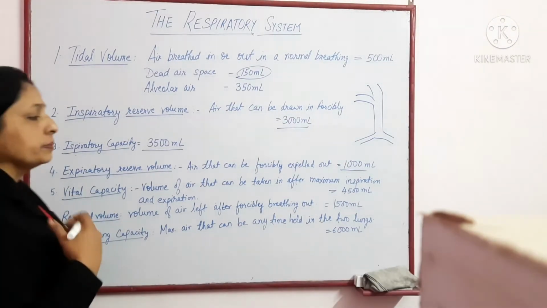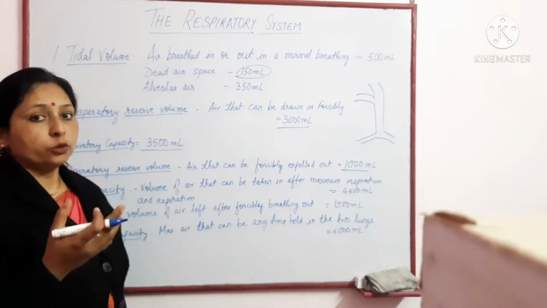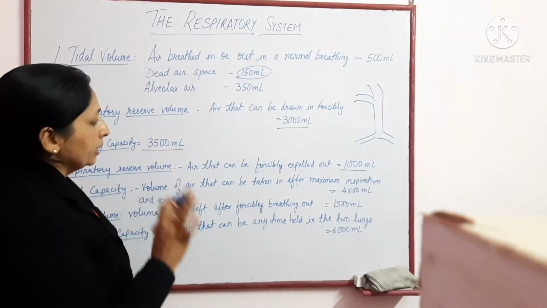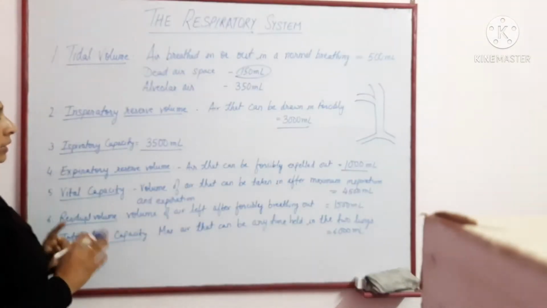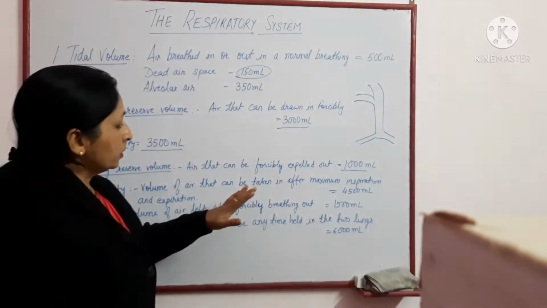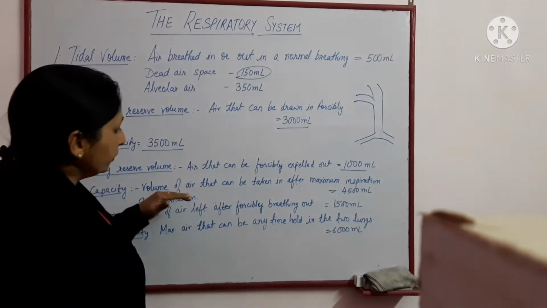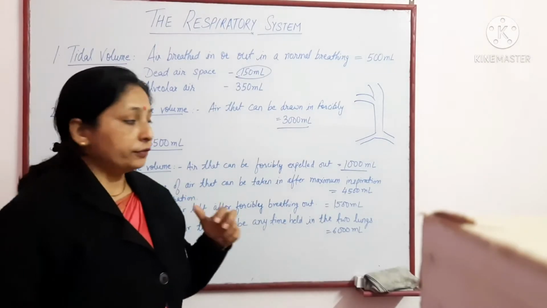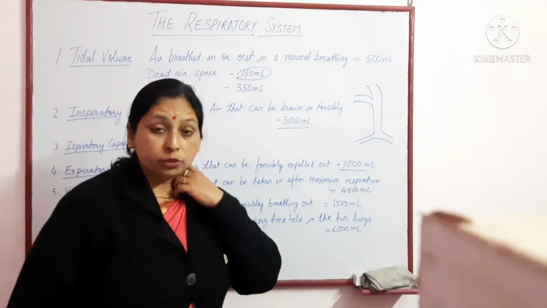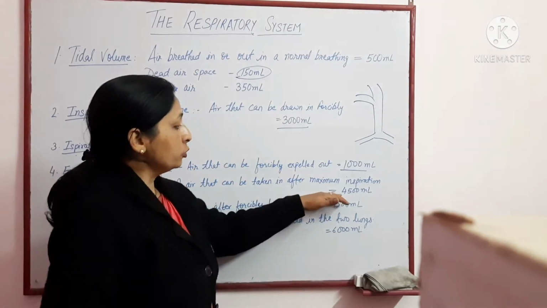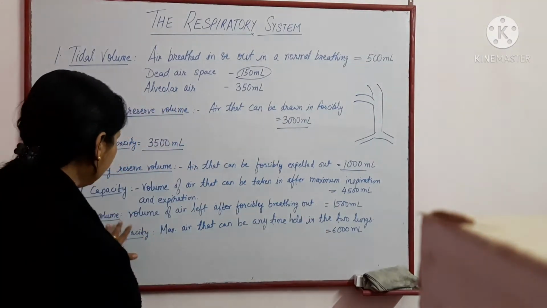Expiratory reserve volume is the maximum which can be expelled out, and that is 1000 milliliters only. Vital capacity is the volume of air that can be taken in after maximum inspiration and expiration, about 4500 milliliters.